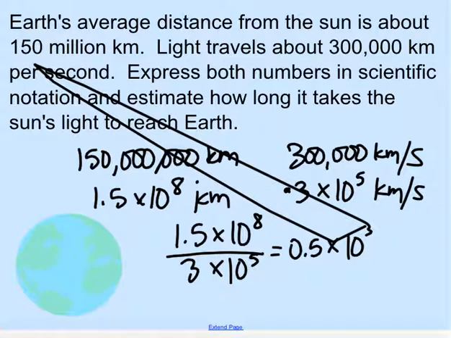I'm going to need one of those 10s to get it to 5 times 10 squared, meaning that it takes 500 seconds for the sun's light to get to the Earth, which means it takes a little over 8 minutes for the sun's rays to get to the Earth.